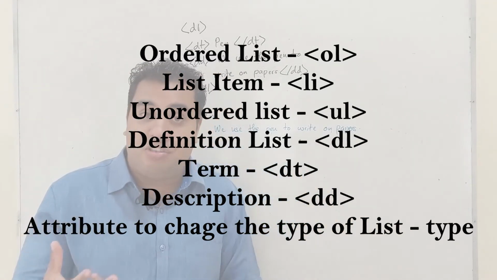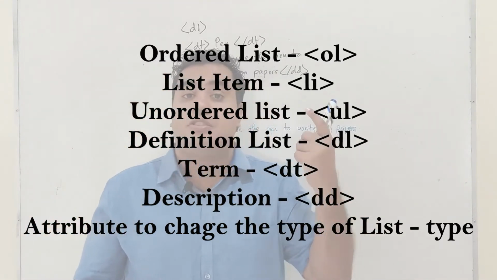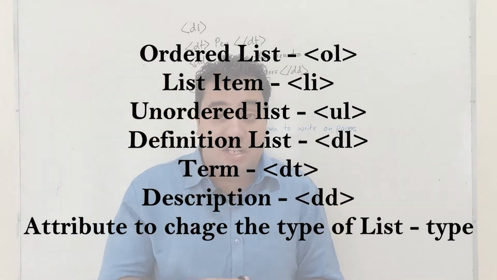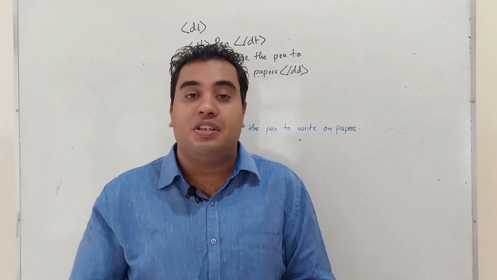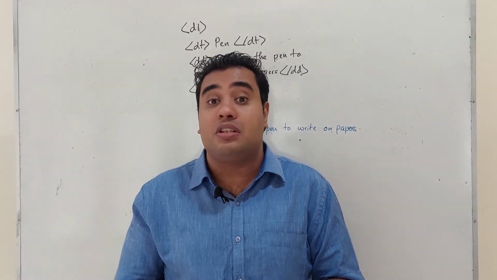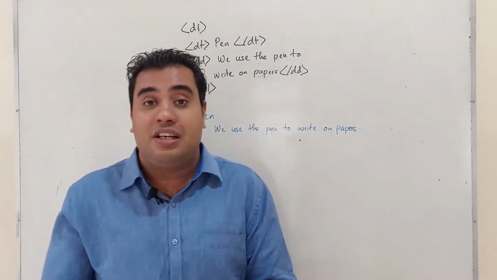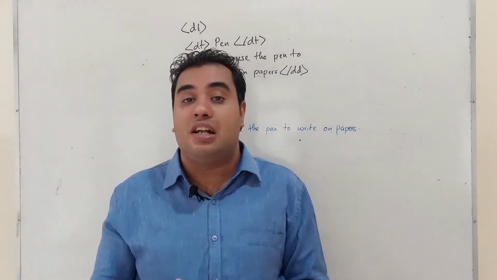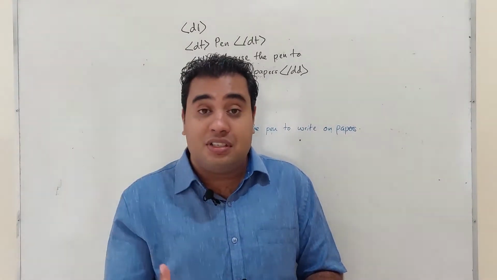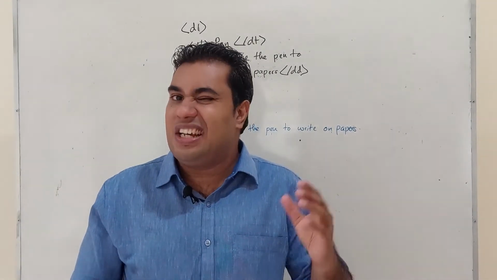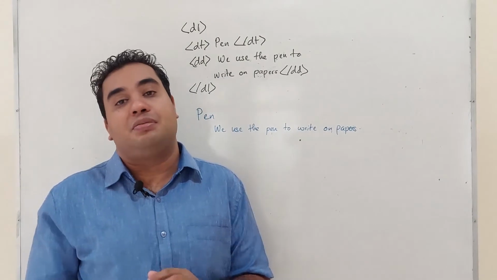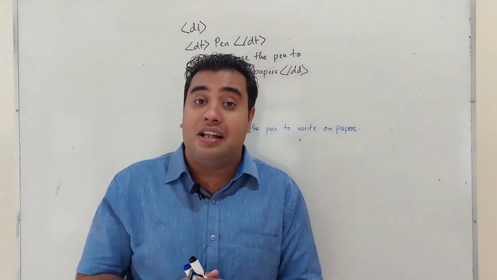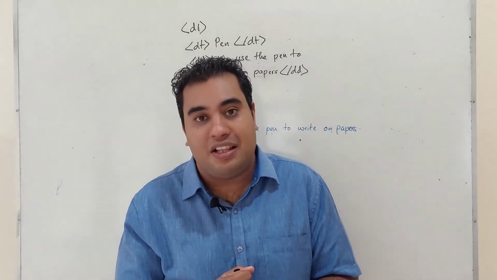To change the type of these lists, we use the attribute type within the OL or UL tags. Hope you got the concepts of ordered and unordered lists. And a definition list is a bit different from the other two, because it represents not list items, but a term and a description. Hope you understood the concept of these lists in HTML.